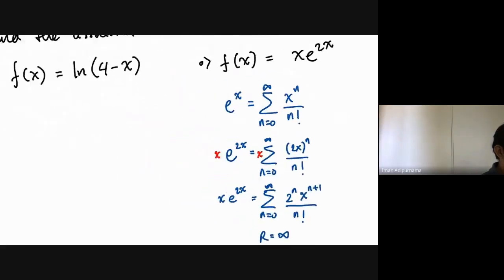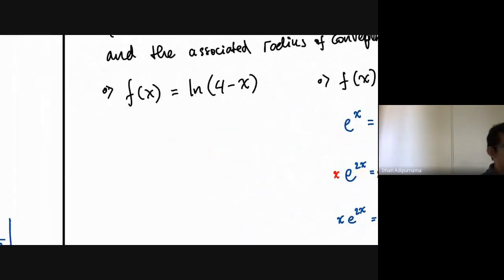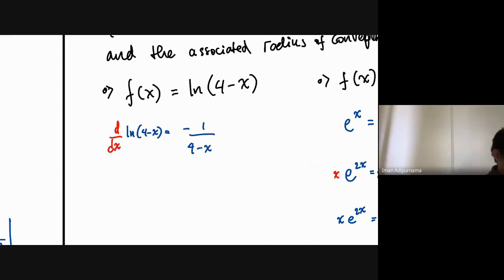Okay, now the left part is ln(4 minus x). Remember that if we are deriving this, it will be minus 1 for minus x.